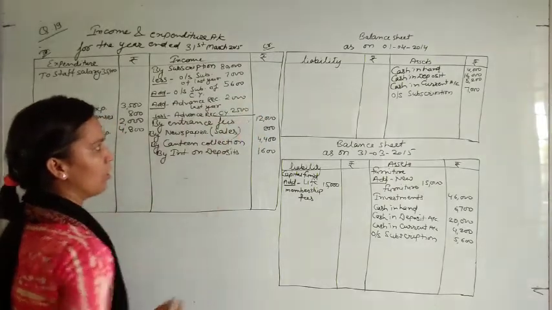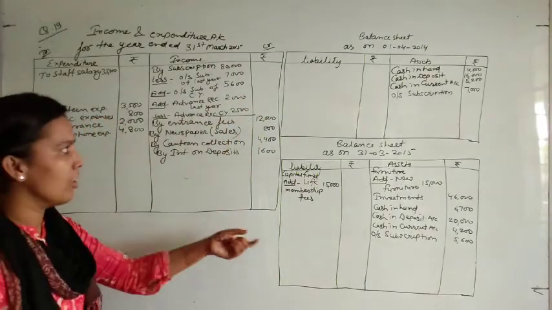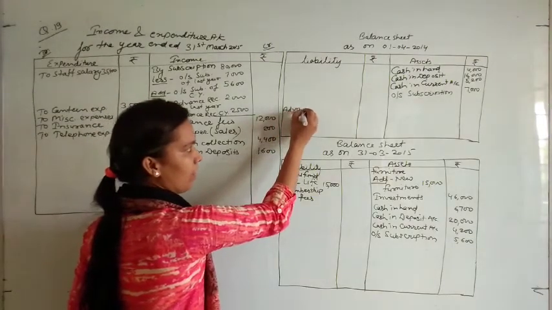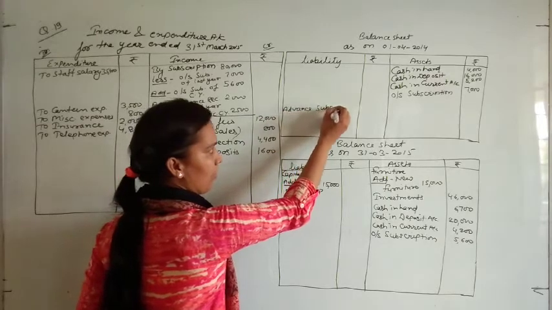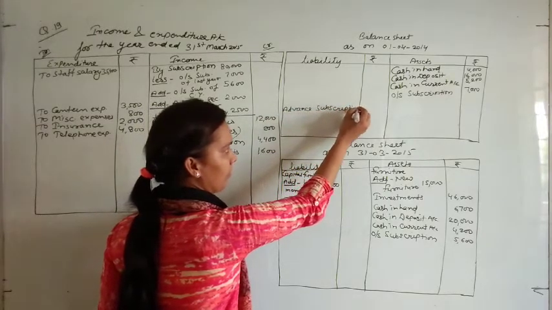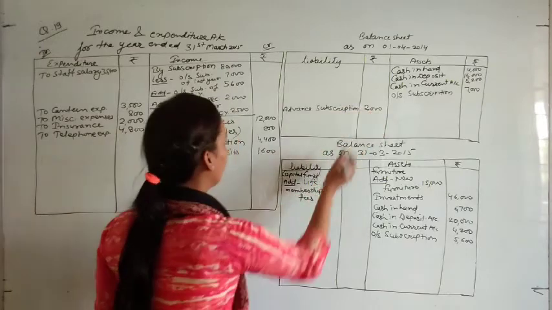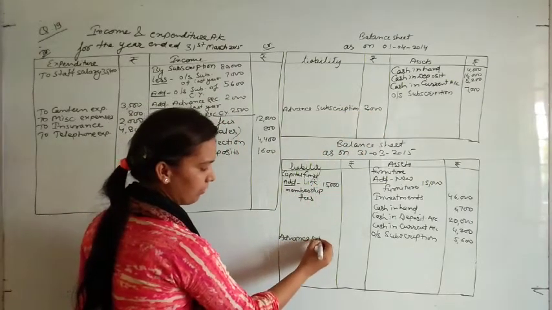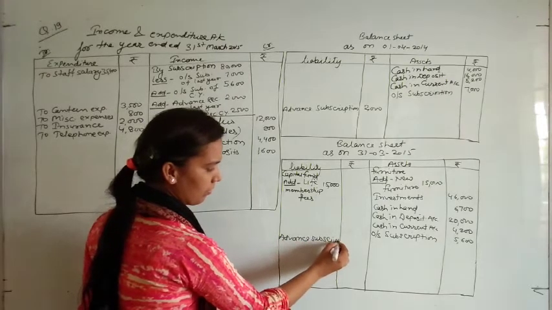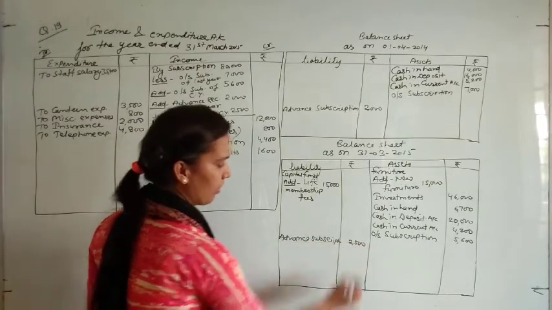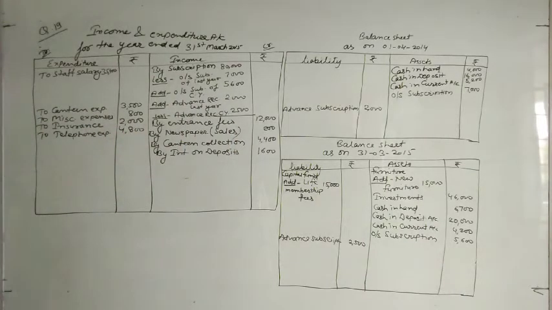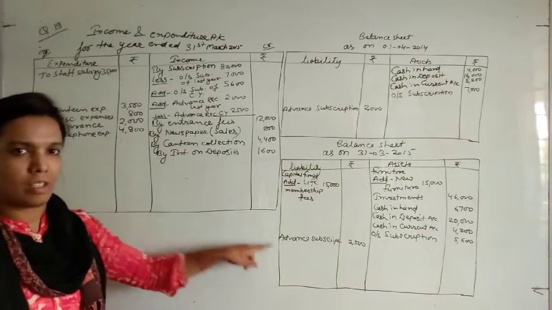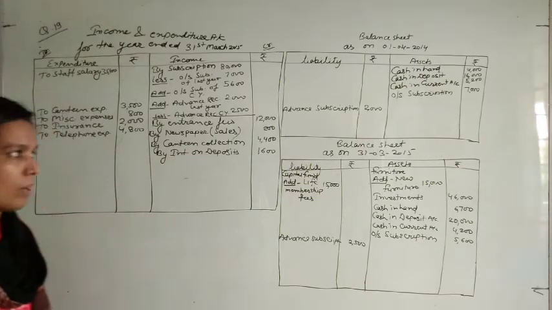The same 2,000 and 2,500 will also be transferred to their balance sheets. Advance received last year, so write it on the liability side, advance subscription, that is 2,000, and here advance subscription, that is 2,500. Try to remember this point that every additional information will be posted on two sides, that is the double entry system.